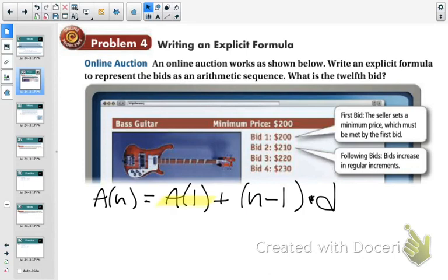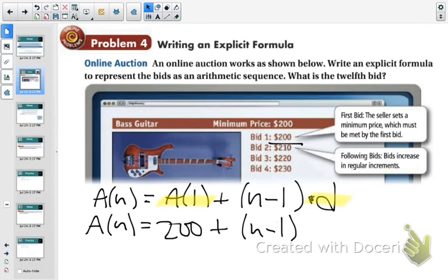So we just need to locate this and this. So a_n equals our first term, which is 200. I'm not going to say a_200, no, because that would mean our 200th term. I'm just going to say 200 plus n minus 1 times, it's going up by 10. So that's going to be our common difference. Okay, so that's our formula. That's called the explicit formula.